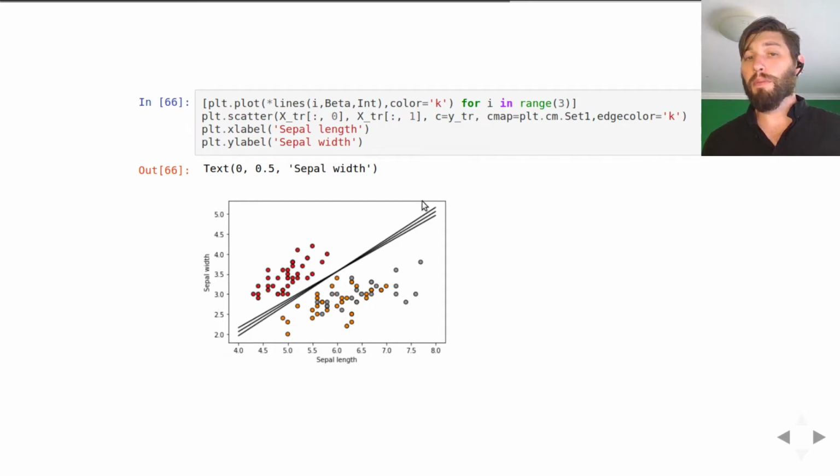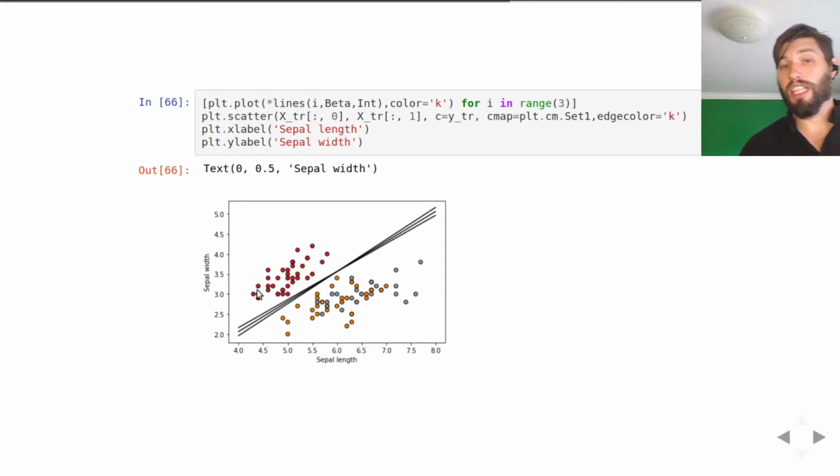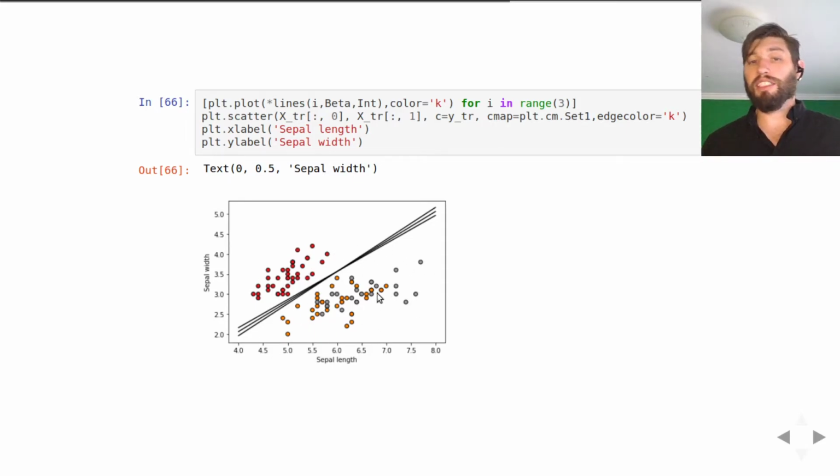But a hyperplane that's around any of these hyperplanes would do a great job of separating the red class from the remainder of the classes. And then we just have to see whether it's a little more in this direction or a little more in this direction to decide which class we're going to predict here.